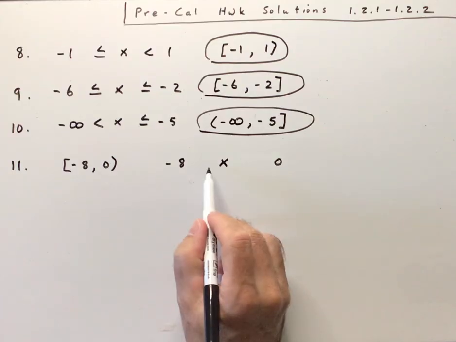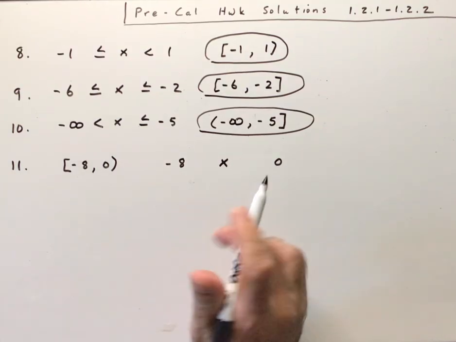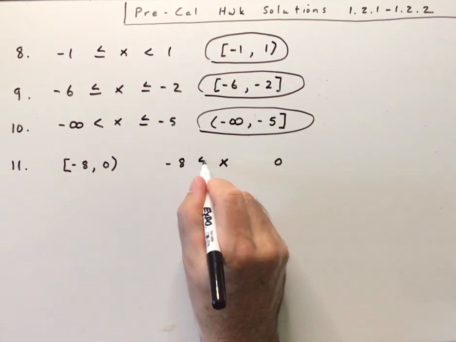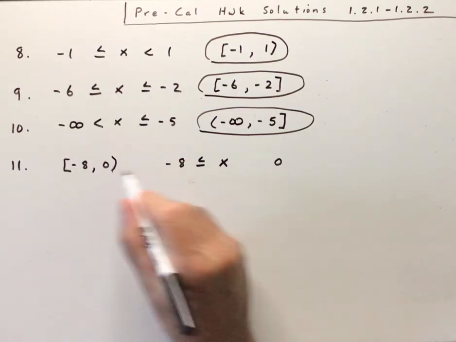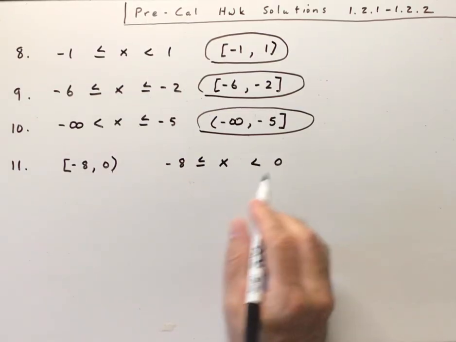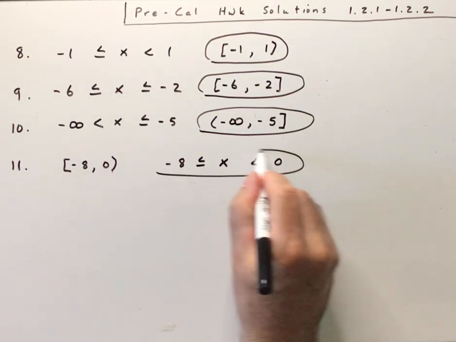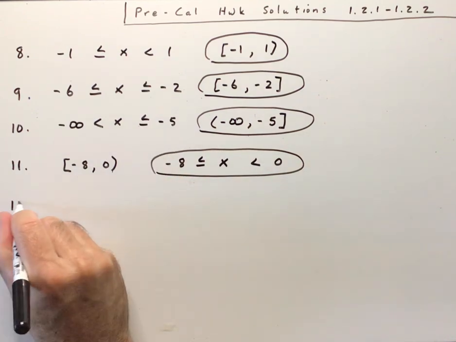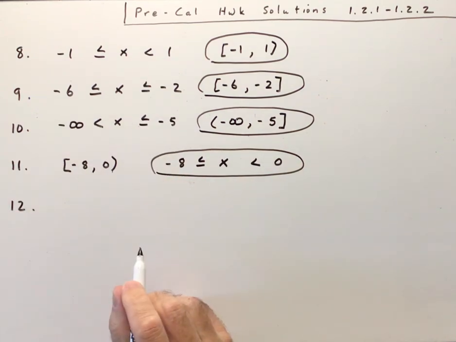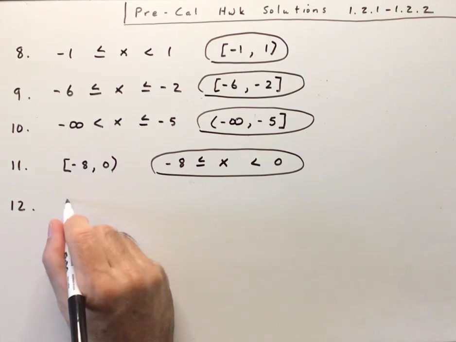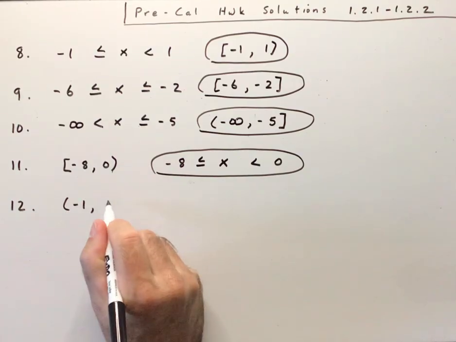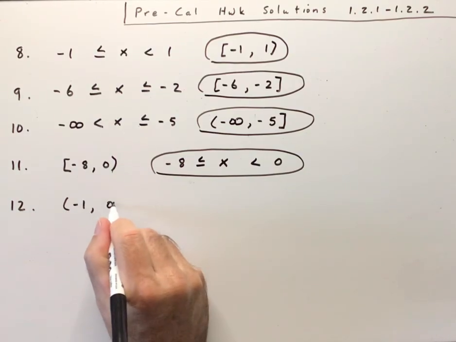And then we just have to get the less than signs correct. So with a bracket, it would be less than or equal to. And with a parenthesis, you would not include the 0. So that's the inequality.